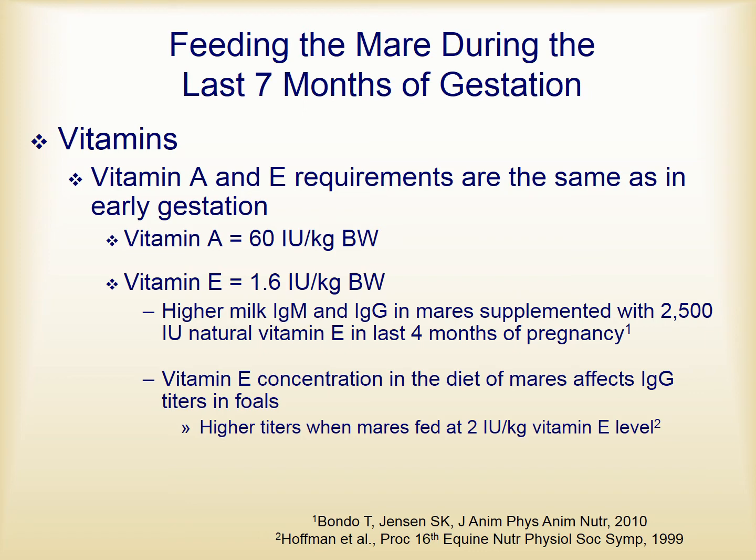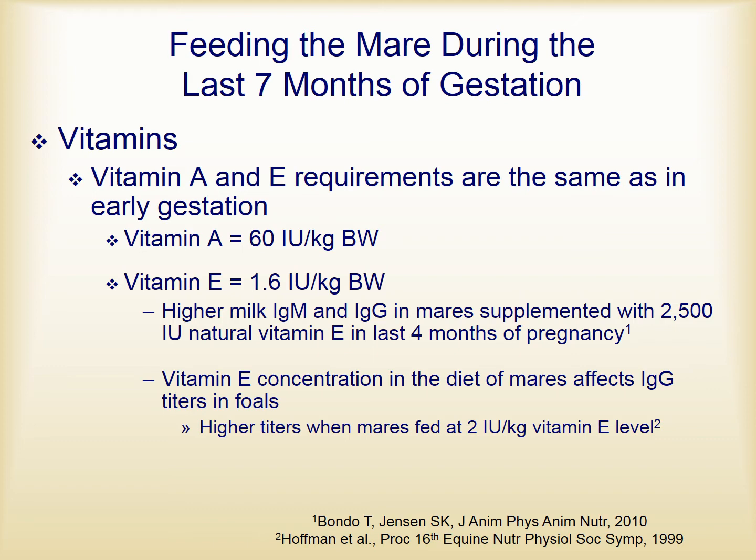Vitamin E plays an important role in later pregnancy. Two studies have shown that mares supplemented with vitamin E during the last part of their pregnancy produced colostrum that had higher levels of immunoglobulins. So the mare's colostrum had higher IgM and IgG.